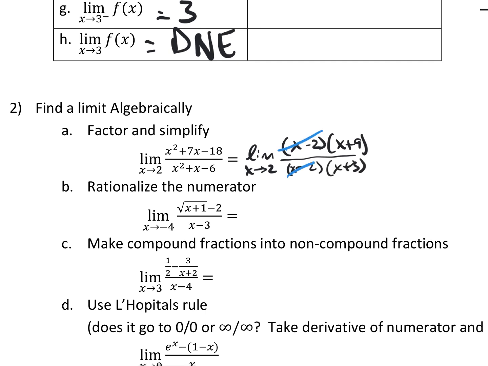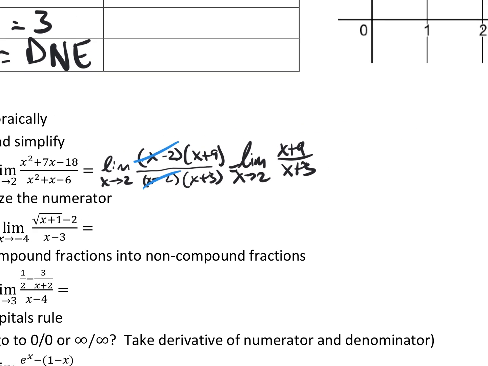Well, these cancel, and now we have the limit as x goes to 2 of x plus 9 over x plus 3. Remember, our goal is to plug numbers in. So if we plug in 2, we get 11 over 5, and we're done.